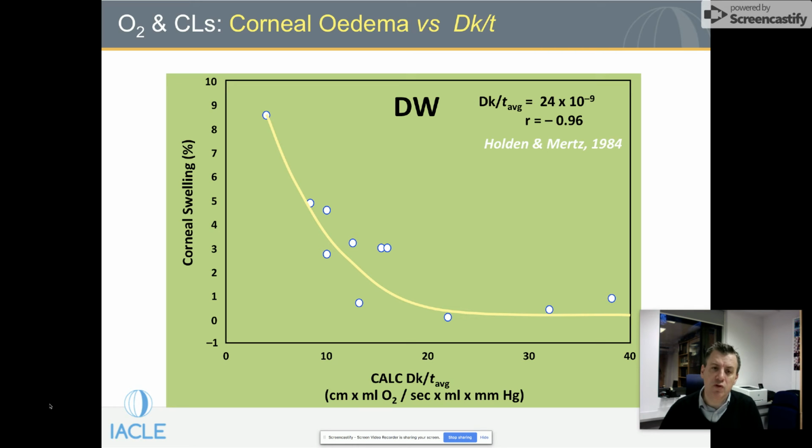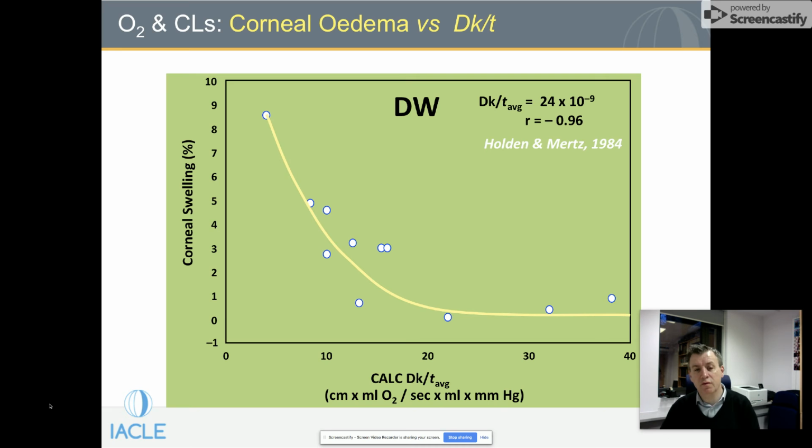The first data point, the high data point on the chart, is when they fitted their subjects with a lens with very low Dk/t, something around 5 Dk/t units. Then during the day, the cornea swelled by 9%. That is, there was an increase in corneal thickness of that value.